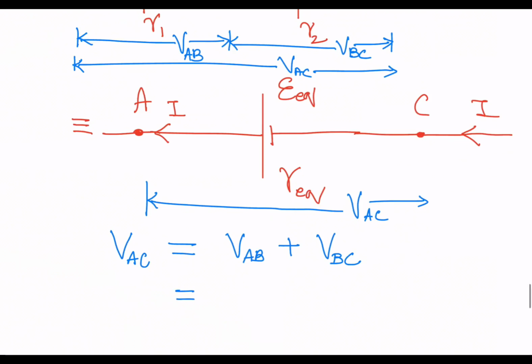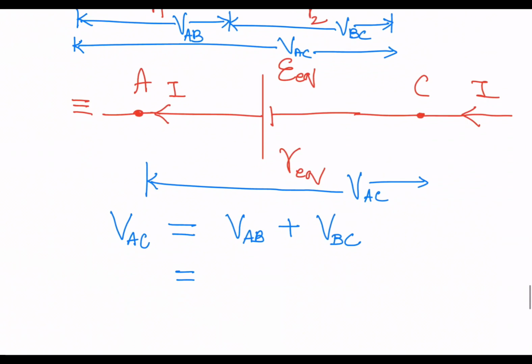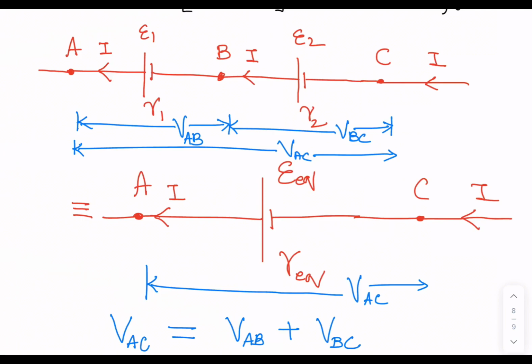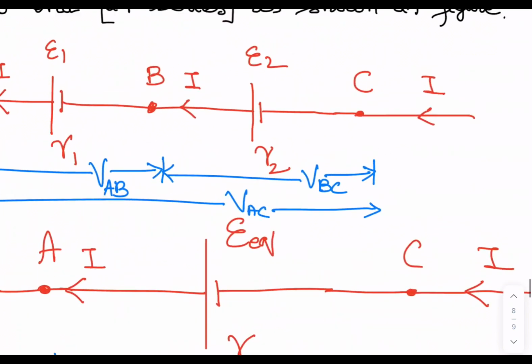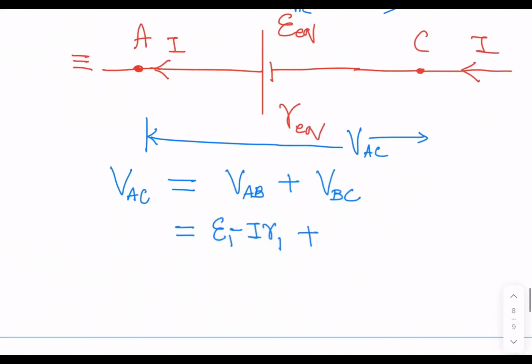And because I is the current passing through it and EMF is E1 and R1 across AB, we can write VAB as epsilon 1 minus I into R1. Similarly, across the second cell, VBC can be written as E2 minus I into R2.